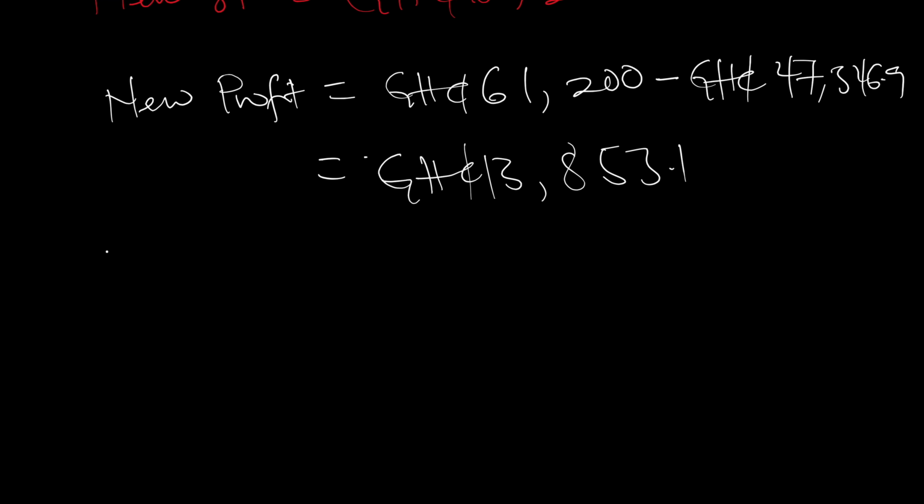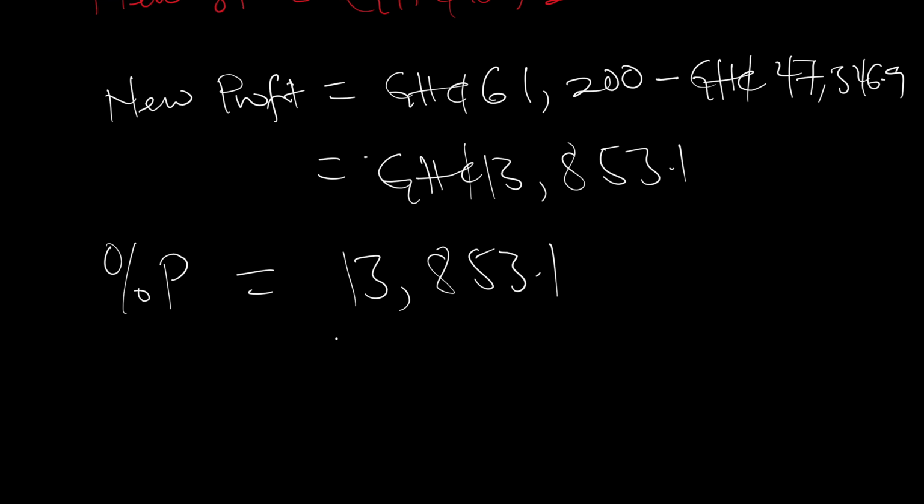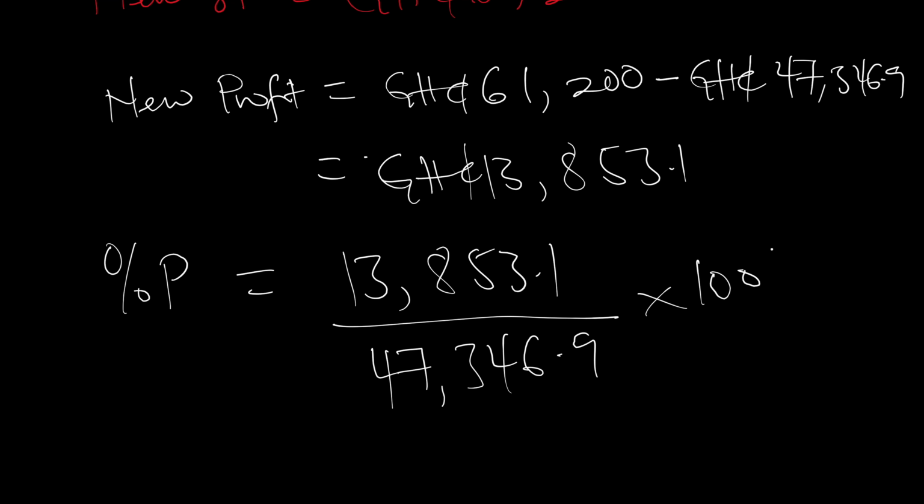And we know that our profit percent is equal to profit over cost price times 100. So our new profit percent will be equal to our new profit, which is 13,853.1, all over our cost price, which is 47,346.9, times 100%.